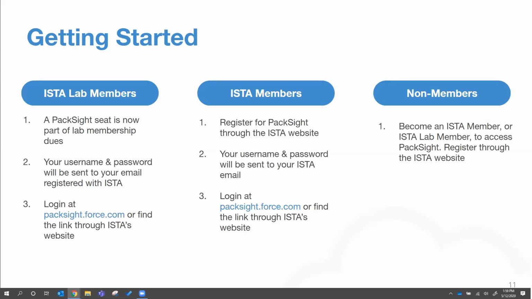For ISTA members who are not lab members or who do not have a certified lab, you can gain access by purchasing a seat license for PackSight. And lastly, for those who aren't currently an ISTA member, this is a benefit to membership. So if you're looking to gain access into PackSight, the first step would be to become an ISTA member.